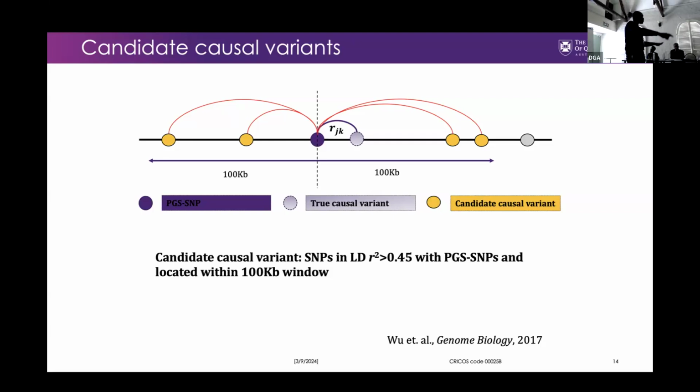Those are very arbitrary numbers, but that came from that paper. So essentially what we said is that even if you don't know the causal variant, you can just test all the variants around your GWAS hit and assume that this is the causal variant, and calculate those quantities and look at how they differ between populations.